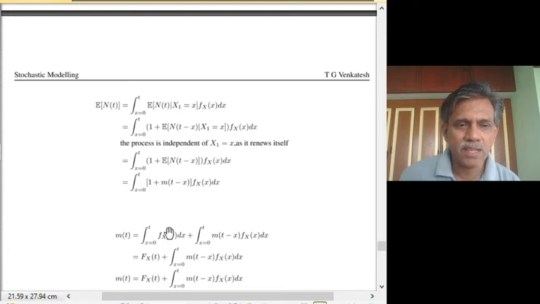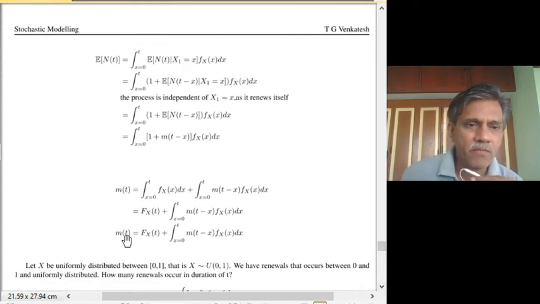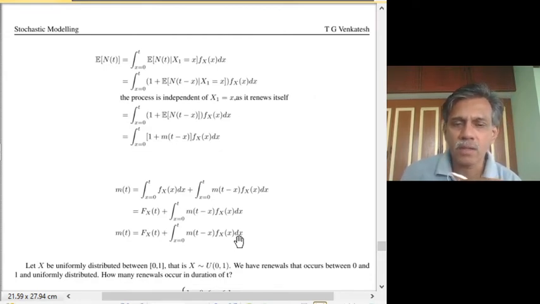And we know that the first is nothing but the CDF of X, capital F_X at the value t, plus the integral from 0 to t of m(t minus x) f_X(x) dx. So m(t) can be written as F_X(t) plus the integral from 0 to t of m(t minus x) f_X(x) dx. So this is a formula that we can make use of to solve for m(t).